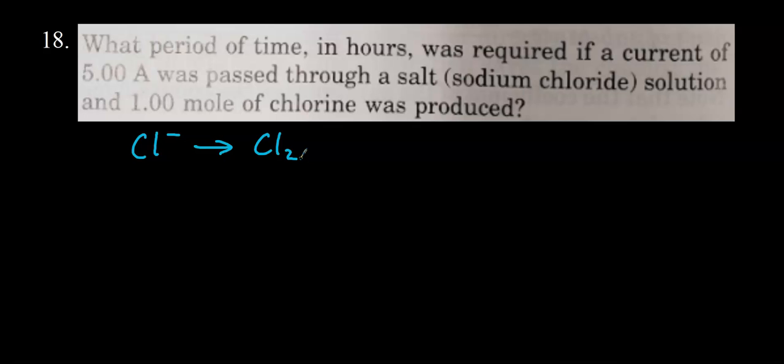Well, we're going from -1 to 0, so that means the chloride is being oxidized. Let's balance our mass here. Again, the ratio that we're looking at is right there: 2 moles of electrons lost for every 1 mole of chlorine gas that is produced. All right, let's go ahead and pause the video and set this up.